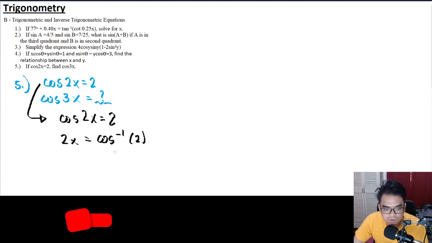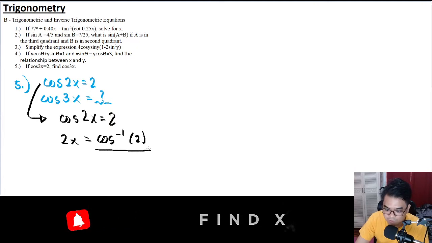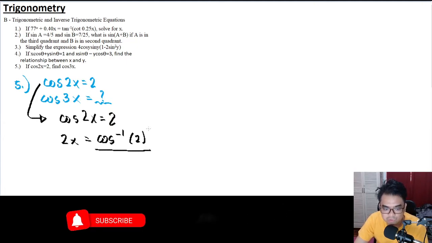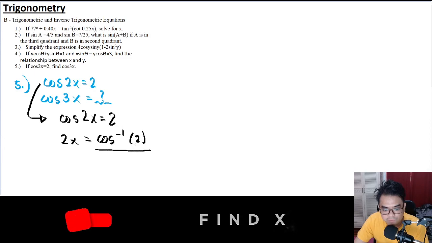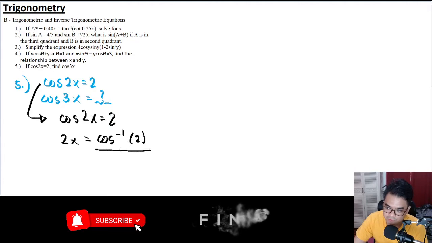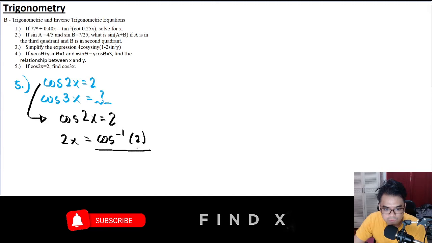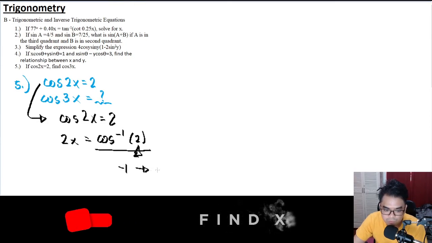But you cannot do this, because if you do this in your calculator, what will show up is a math error, or anything in line with that. You won't be able to compute this in your calculator because this is an imaginary number. The second reason is that with arc cosine, or any inverse trigonometric function, the allowable values for x are just from -1 up to 1.